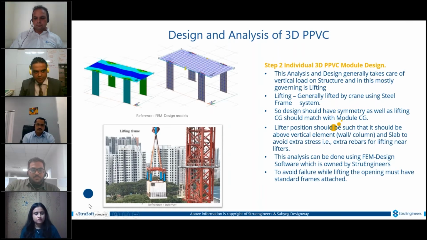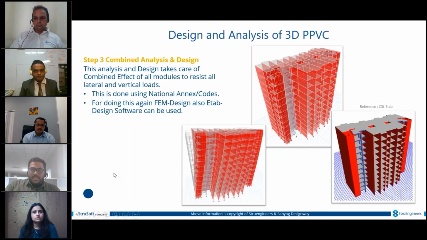After this design, we have to go for the combined analysis of all modules, like cluster analysis of the whole modules. It is generally done in FEM design, and also in ETABS. But ETABS has a lot of annexures for every country, so ETABS is more suitable. But FEM design can also be used by calculating the loads individually and assigning those loads on the building.